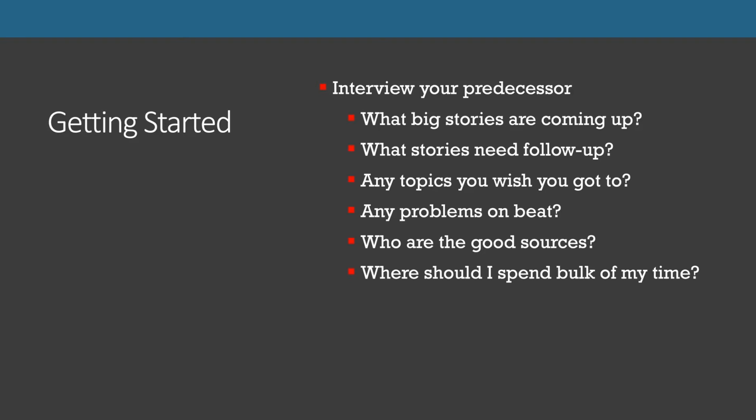Even if you're doing all your due diligence, doing a good job as a beat reporter, following through with all the steps you're supposed to be doing, thinking with an open mind and always paying attention to build upon stories, there's going to be things that pop up where you think, I never got to this, or I never got to that story. Listen to your predecessor. Any problems on the beat.